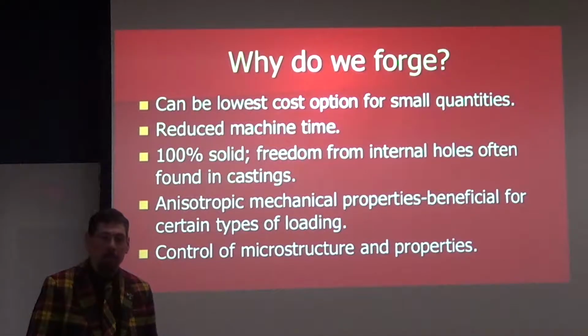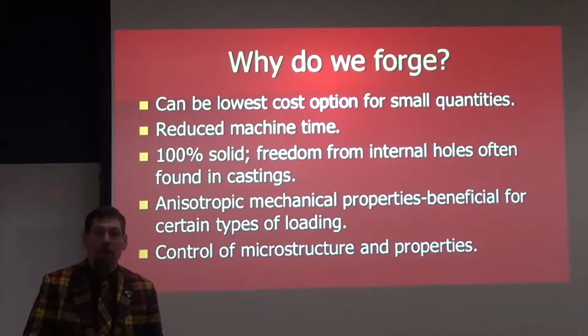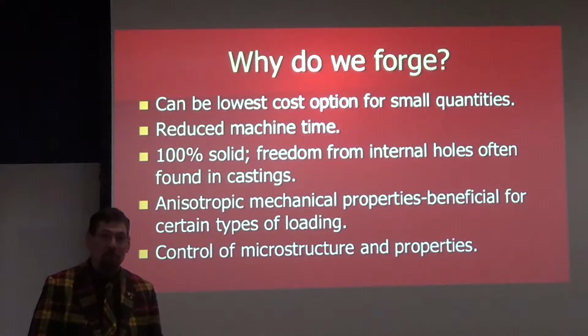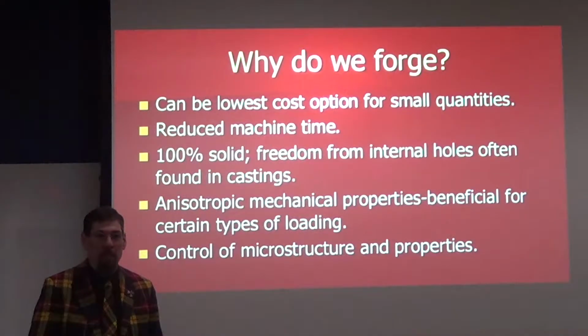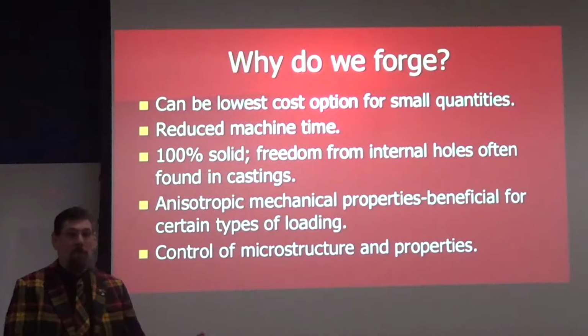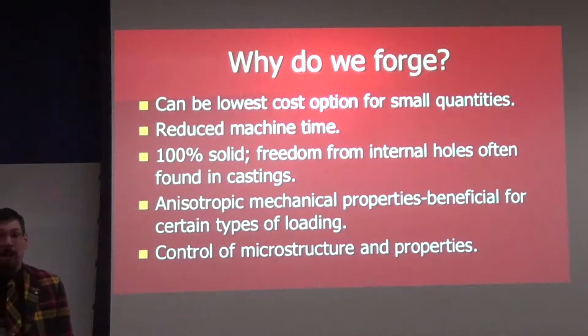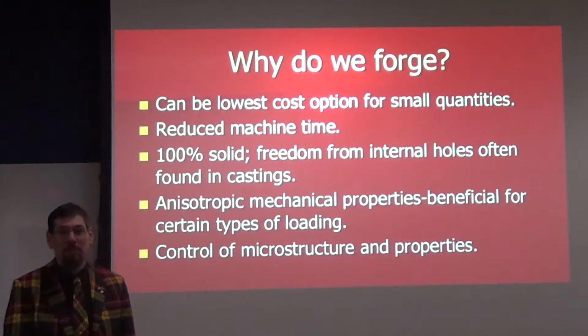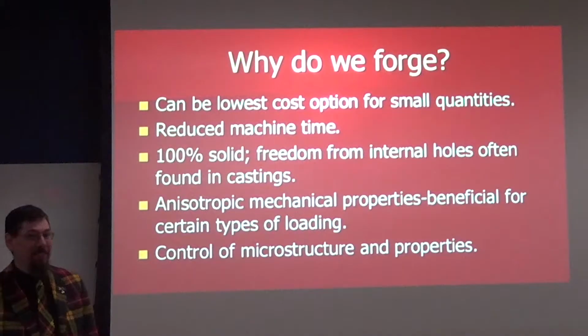I think they don't charge by the hour, they charge by the minute. So you figure out how many minutes it's going to take you to machine something or forge something. Forge minutes might be $20 or $30 or $50 a minute. Machining minutes may be $2 or $3 a minute, but if you've got 100 some odd hours of machining, it adds up fast.